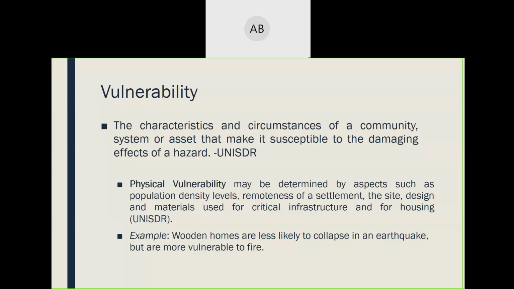So vulnerability is actually an intrinsic part of the individual, inbuilt in your system itself, that will determine if you really are vulnerable or not.